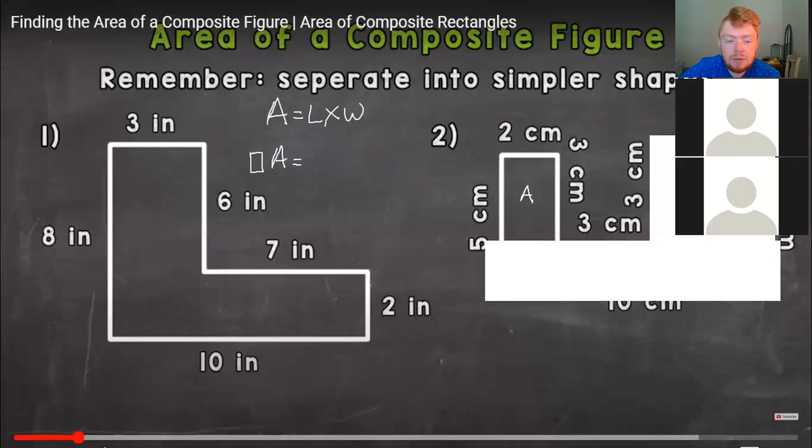You type, there she goes. 5 times 2. You're close. 2 is correct because we have a 2 here.